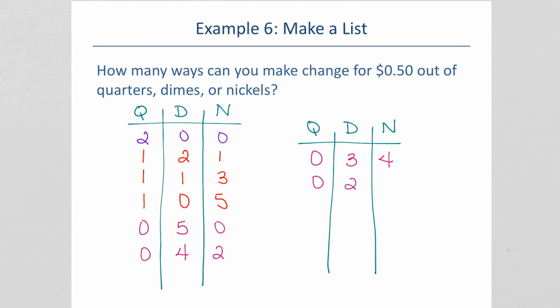No quarters with 2 dimes, you would need 6 nickels. No quarters with 1 dime, you would need 8 nickels. No quarters and no dimes, you would need 10 nickels. So there's 1, 2, 3, 4, 5, 6, 7, 8, 9, 10 combinations.